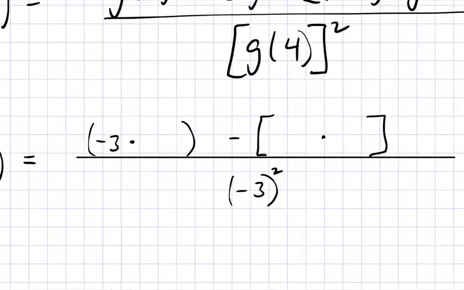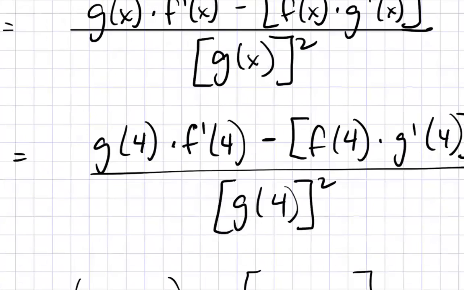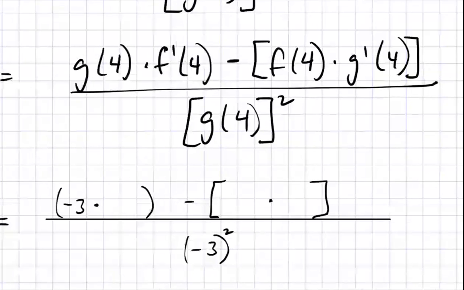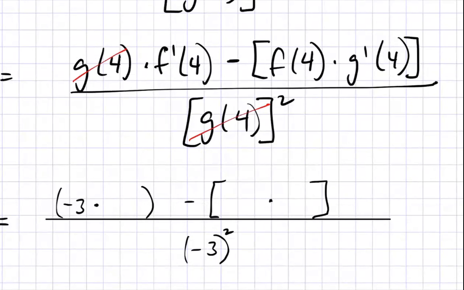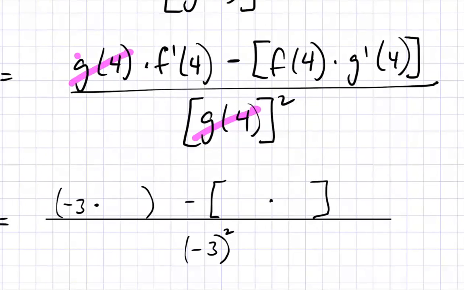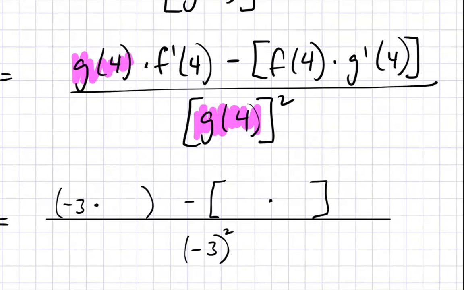Okay. So let's go back up. What do I need next? So I got this guy done. I don't want to cross it out, let me highlight it. So we know we're done. Okay, the next thing I want to do is f of 4.